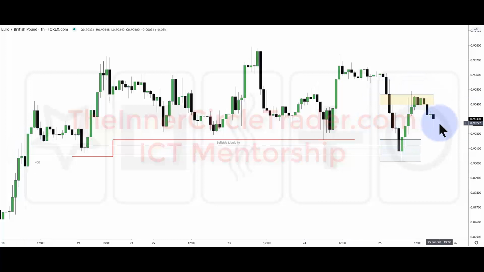When we have the euro pound in consolidation like this, that means you're going to have euro and cable moving in the same direction. But based on what this cross does, you can pick out the relative strength leader on the upside or the downside.